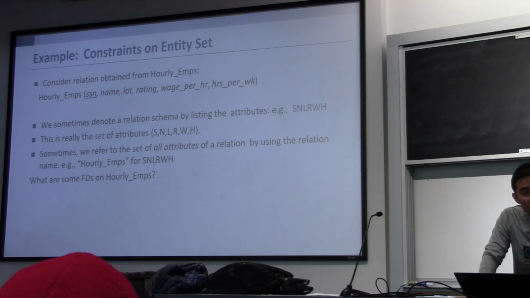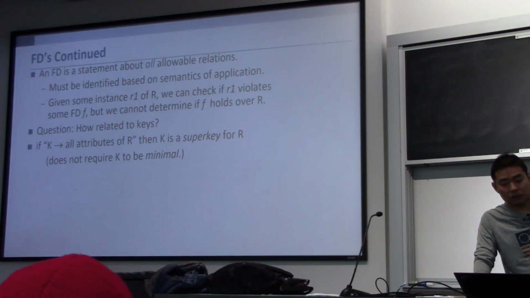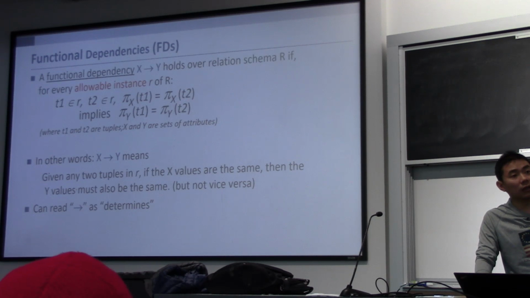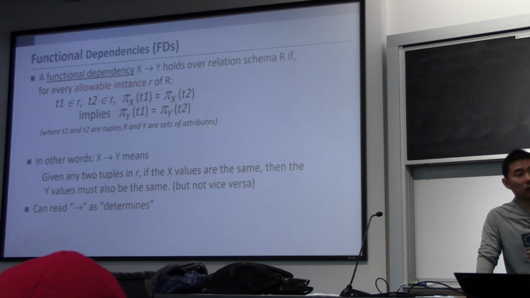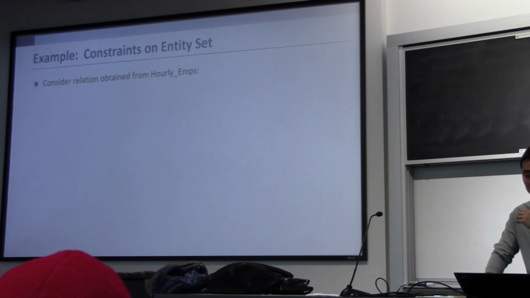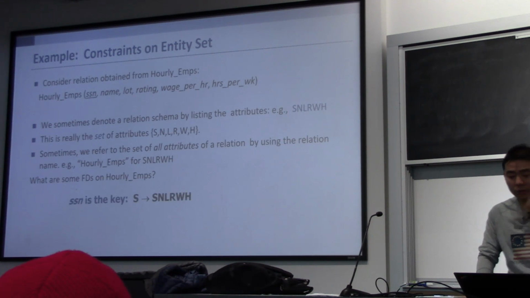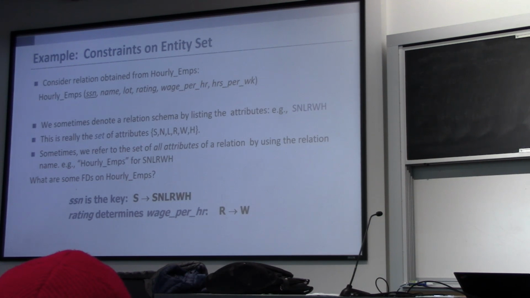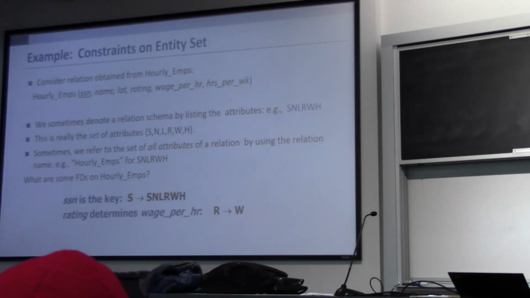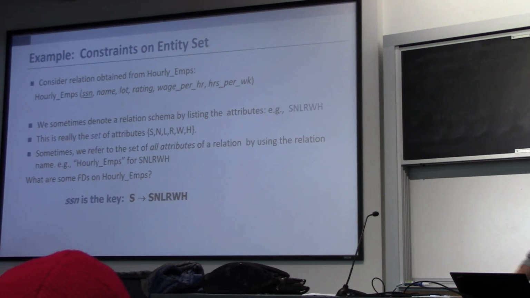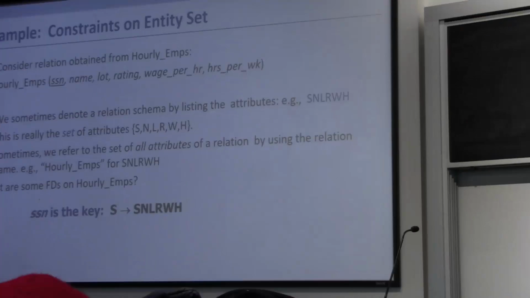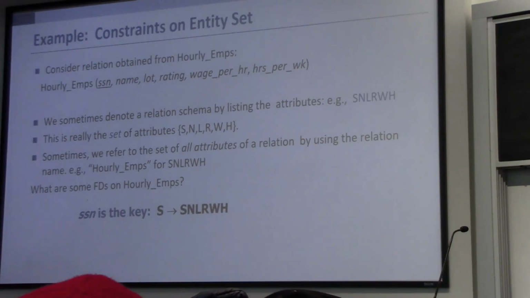What are some functional dependencies on our employee using this definition of functional dependency? X determines Y. Take a good look at this definition and think about what some functional dependencies are. A trivial functional dependency that you always have is, let's ignore the R determines W thing, the first functional dependency: X, social security number, determines everything else.